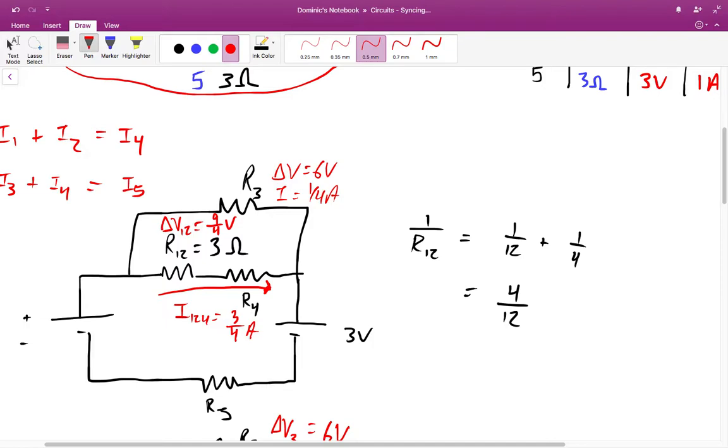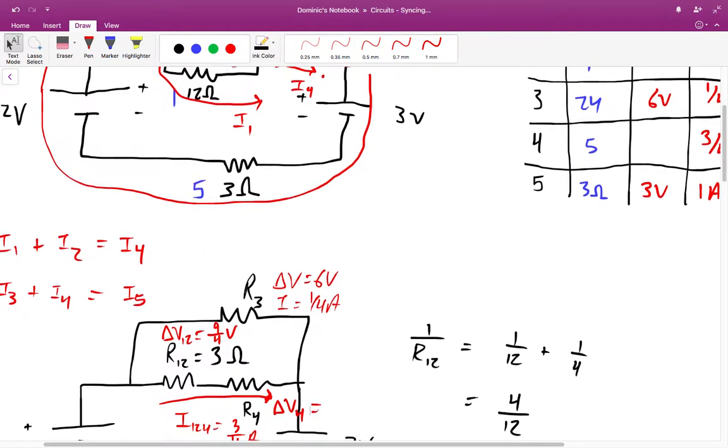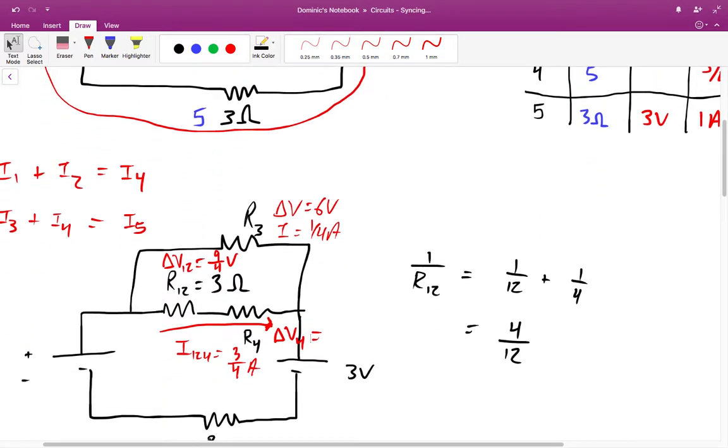And for R4, delta V4 needs to equal I times R, so you're going to get 3/4 amp times R4, which is 5, so that gives you 15 over 4 volts.